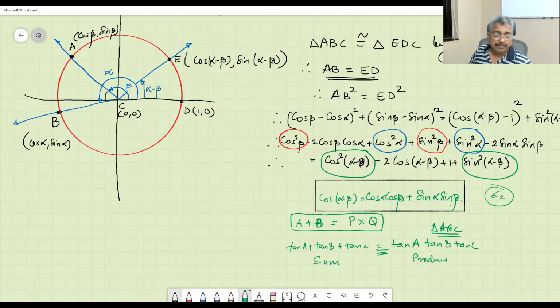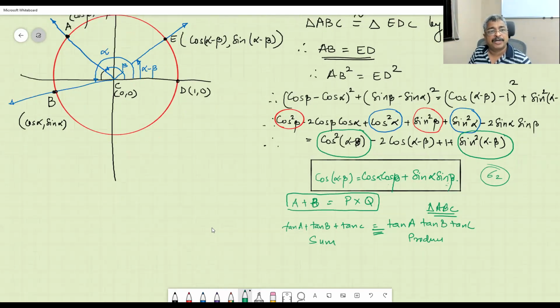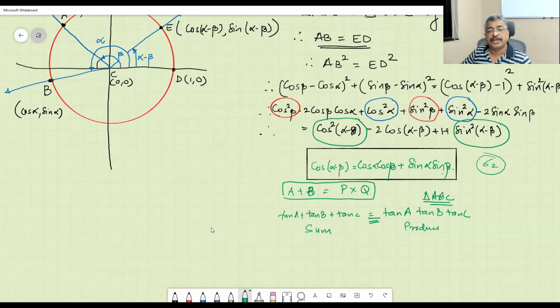And moreover, algebra of trigonometric ratios is also going to be very easy. If we go back to basic angles, these are basic angles related to the angle which is given to us. And if the angle is known, cos of that angle is known. If angle beta is known, cos of angle beta is known. And therefore, even if you do not know cos of alpha minus beta, you can always find it out.